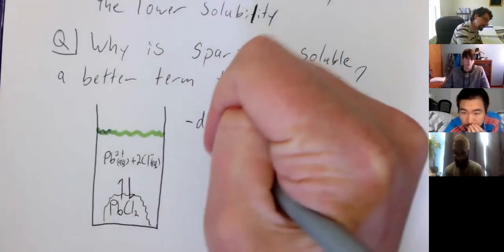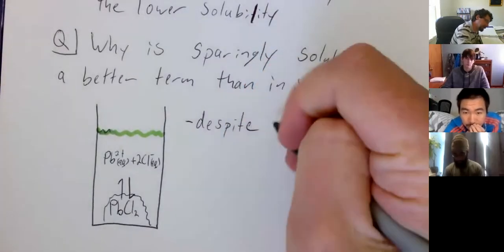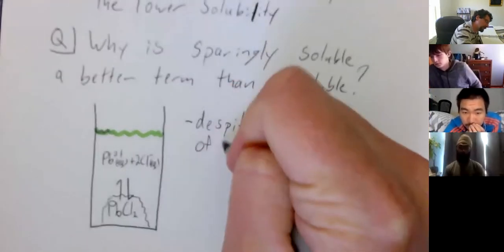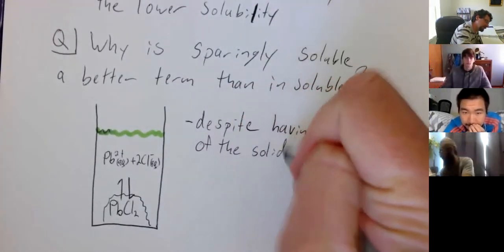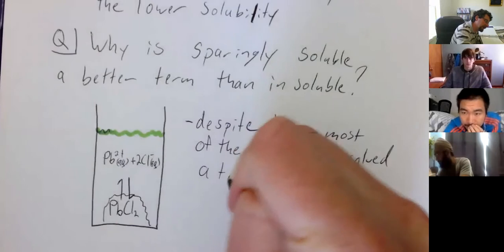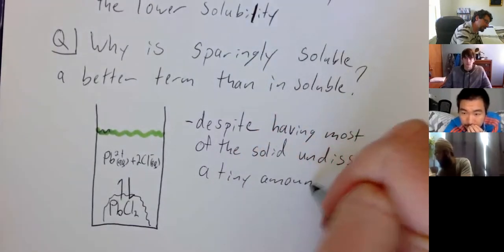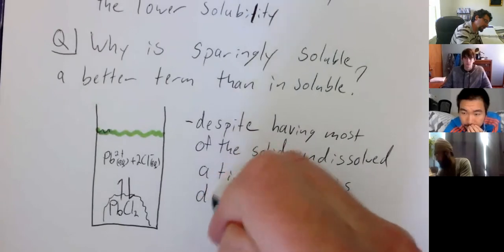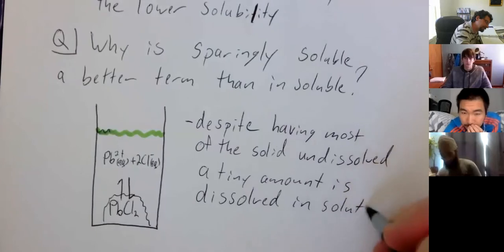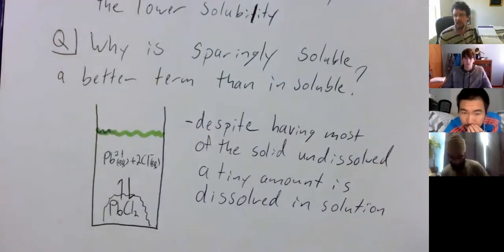So despite having most of the solid undissolved, a tiny amount is dissolved in solution. So that's why a lot of the times when you're looking in your book, you'll see sparingly soluble over and over again. Okay, does that make sense to people?